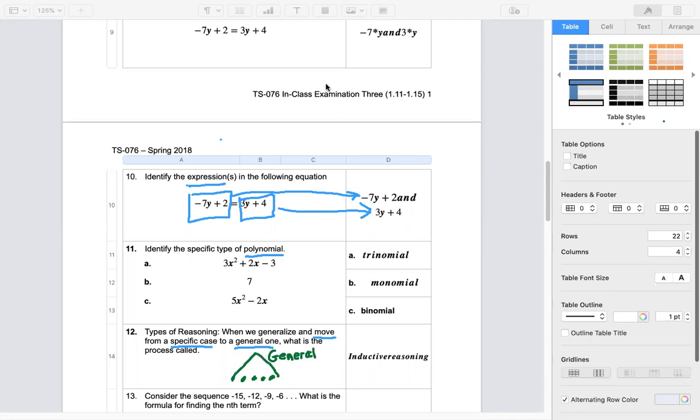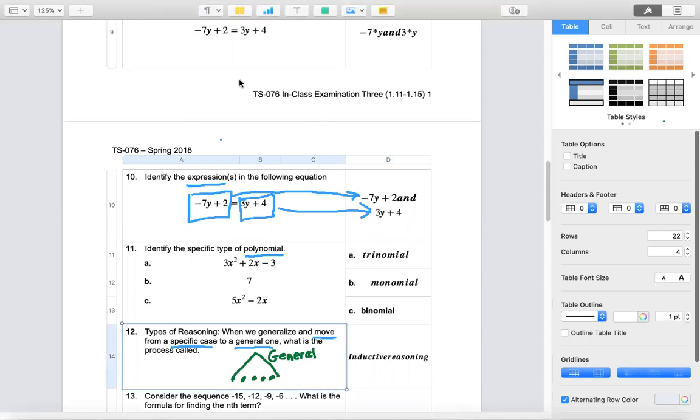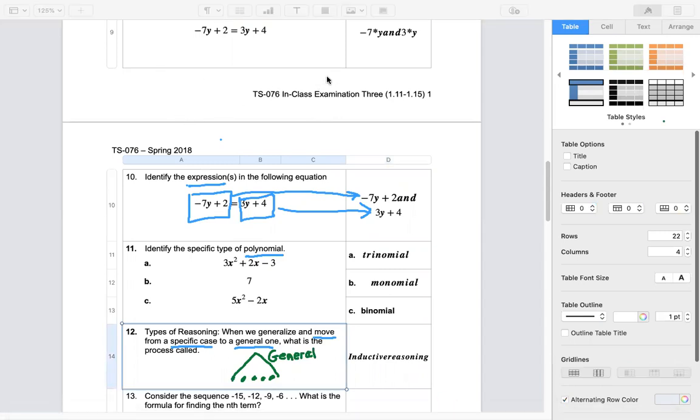Conversely, or oppositely, if it said move from the general case, like, this is our general, we'll call it our principle here. Sorry, grab my pen here. If we move from the general idea here and move down to the specific details, that's deductive reasoning. We're going down. D and down and D and deductive might be helpful as an alliteration to remember.